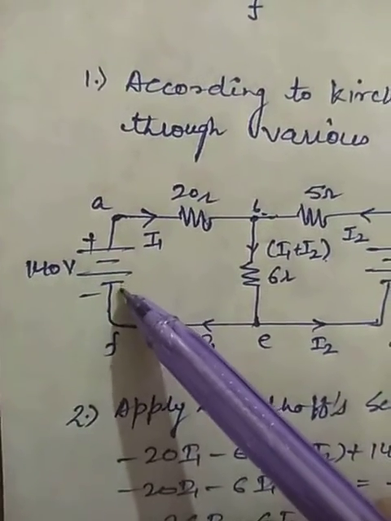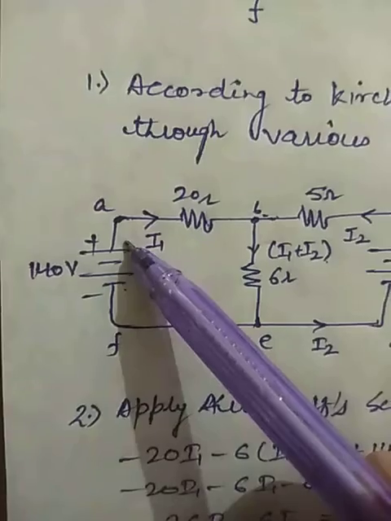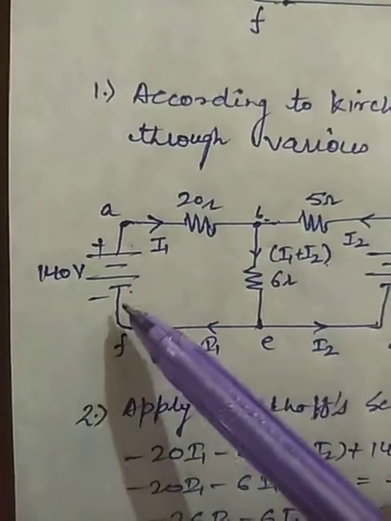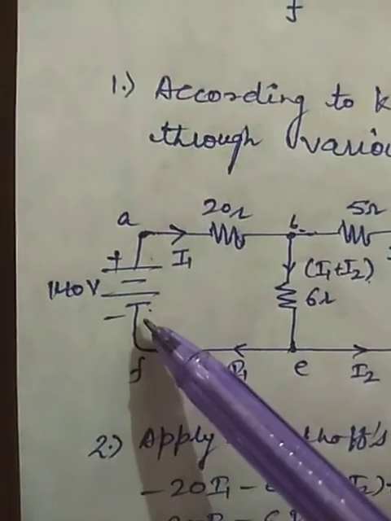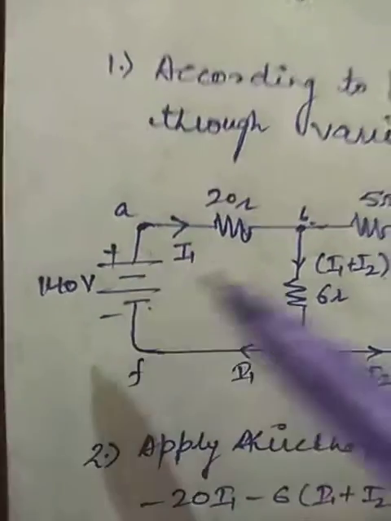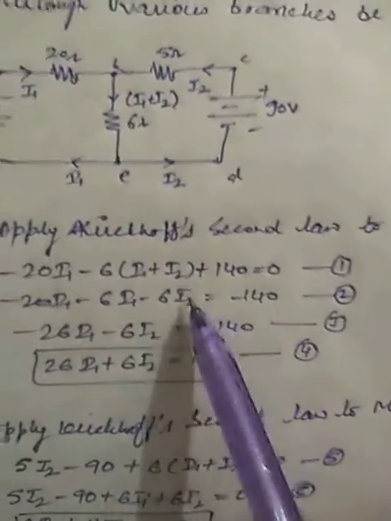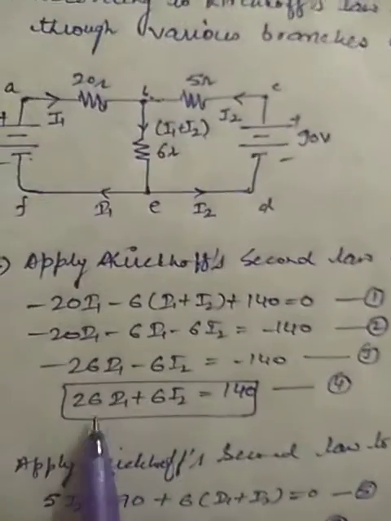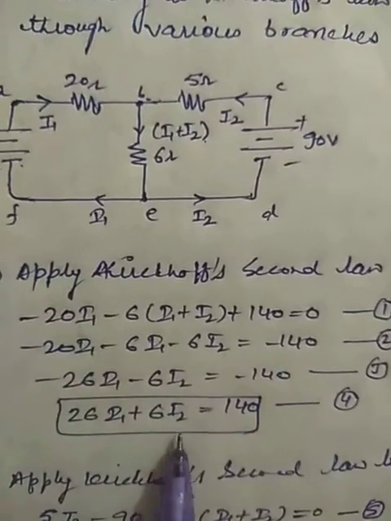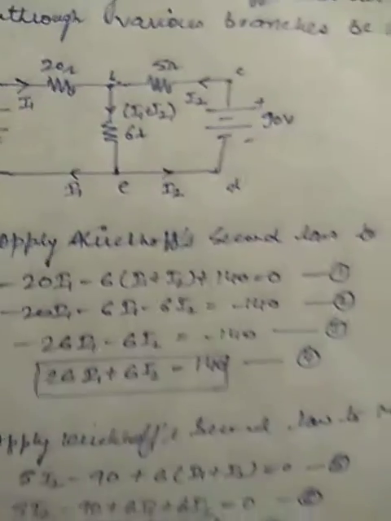So here negative sign and this is the positive sign. So we will see there is a rise in potential. When there is a rise in potential, we will take the positive sign. So plus 140 is equal to 0. Now we will solve the equation. So finally we will take this equation: 26 I1 plus 6 I2 is equal to 140.